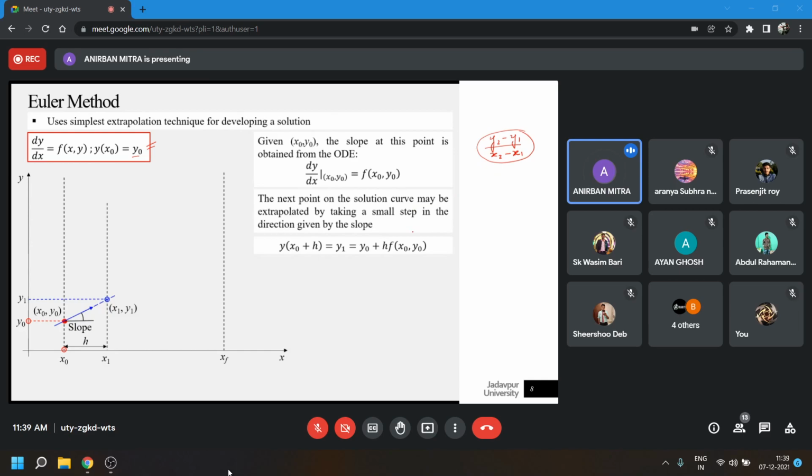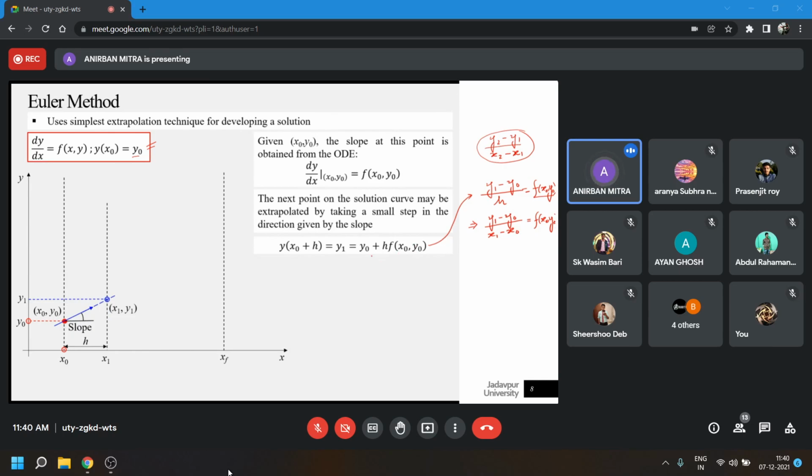Here you can see, if I manipulate this, it will be y1 minus y0 divided by h, which is equal to f of x0, y0. That is the slope at the initial point. What is h? h is nothing but x1 minus x0. So that gives us the slope like this. That is what has been expressed through this formula.